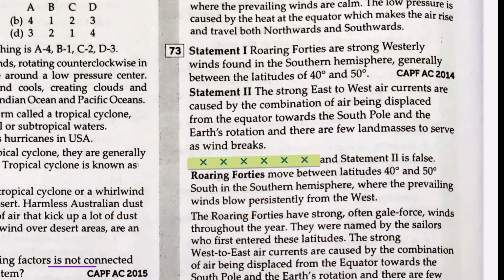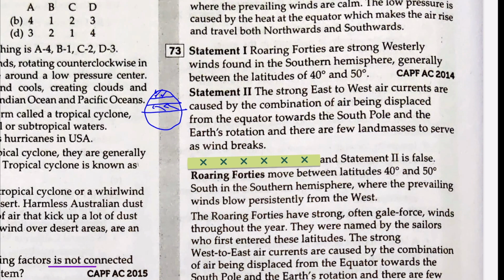The strong east to west air current. So we are talking about east to west air current. There are only two east to west air currents: east to west trade winds and easterlies. So these two they are talking about.